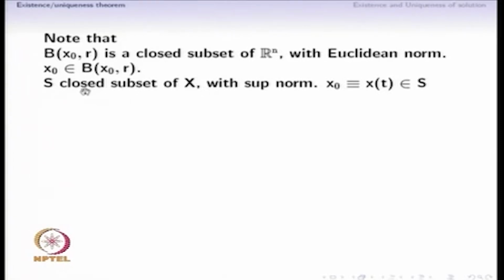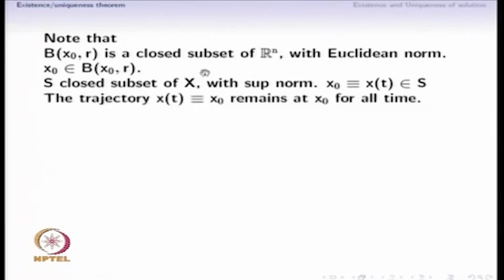On the other hand, the subset S is a closed subset of X, the space of continuous functions over the interval 0 to delta, and this space X has the sup norm, because we are dealing with two types of norms here: one a norm over Rn, the Euclidean norm, and another a norm over X, the sup norm.